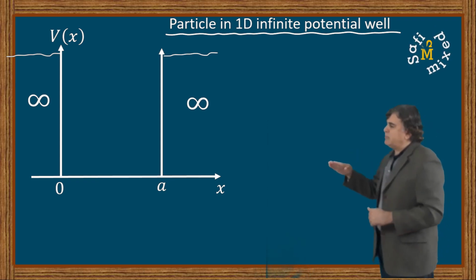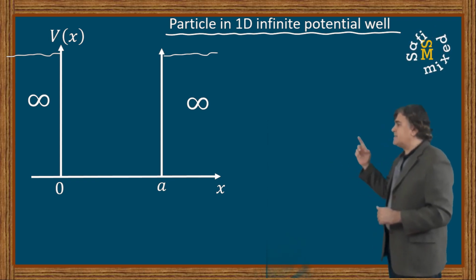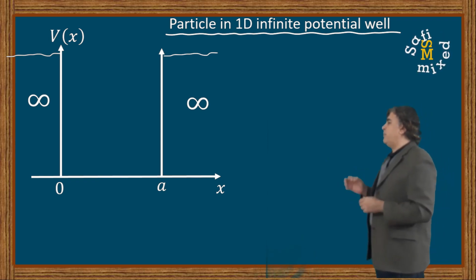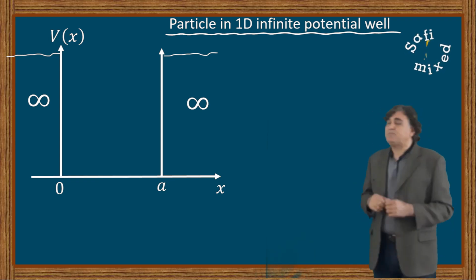The straight bottom line represents that the potential inside the well is a constant, and this constant is numerically equal to 0.